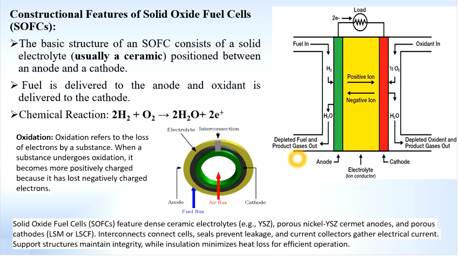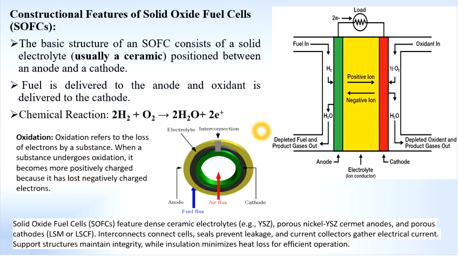The depleted fuel and the product gases will be coming out from downwards here, and towards the cathode side, depleted oxidant as well as product gases will be coming out from the downside.